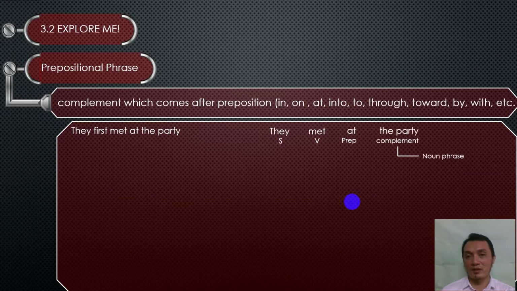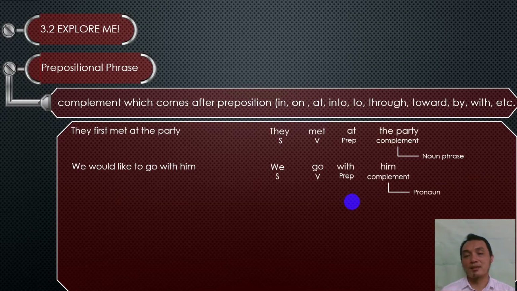The party is a noun phrase. The second example: we would like to go with him. We is the subject, go is the verb, with is the preposition, and him is the object of the preposition as complement. This is him as a pronoun.